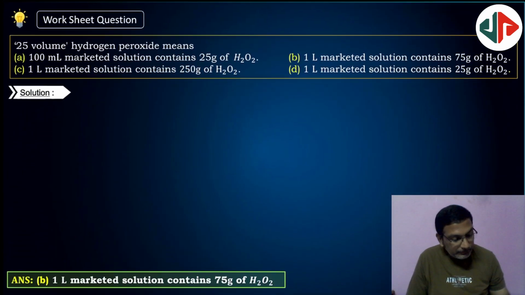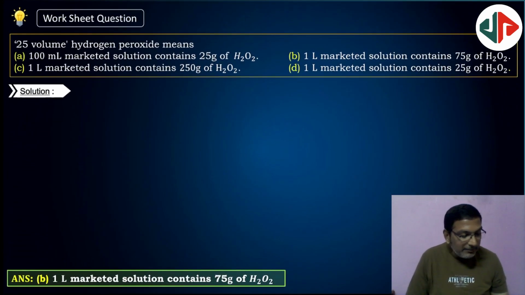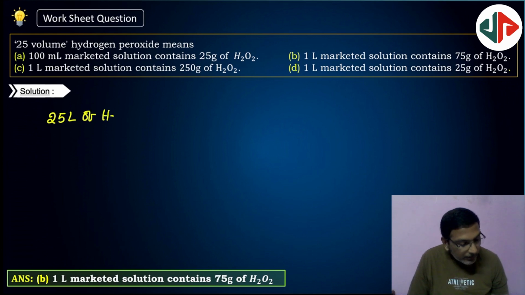Next. 25 volumes of hydrogen peroxide means. So 25 volumes means H2O2, or 25 liters.